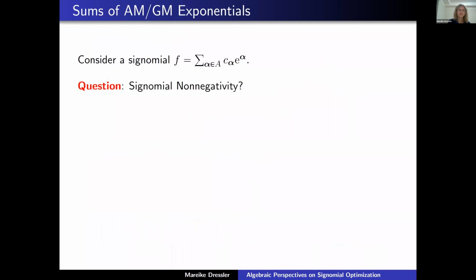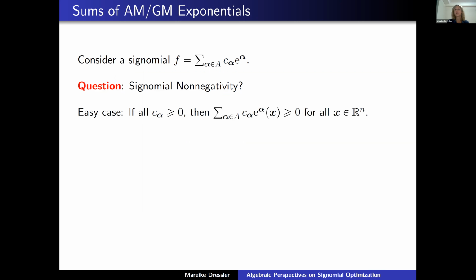All right, so now consider a signomial, and what we wanted to do is tackle the question of signomial non-negativity, right? An easy case is clearly if we have polynomials, so if every coefficient is non-negative, because clearly the exponential function is non-negative, the coefficients are non-negative, so then clearly this signomial is non-negative in this case.